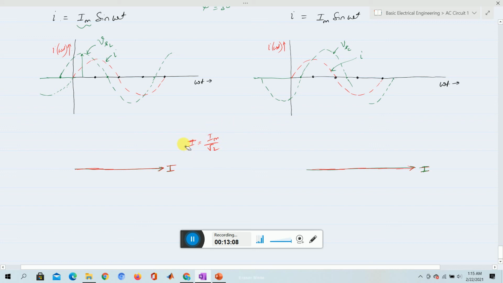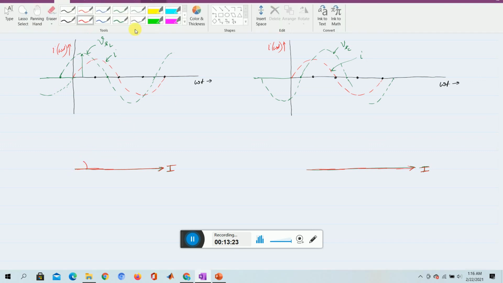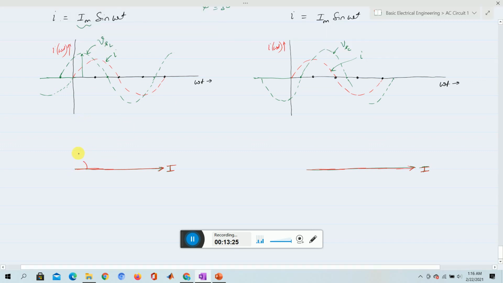So it is understood as the peak value divided by root 2 only. And you have the voltage waveform which is leading here by 30 degrees. So let us say this is a 30 degree angle, and you have the voltage which is leading by an angle of 30 degrees.